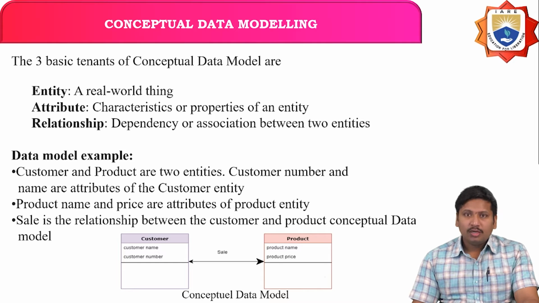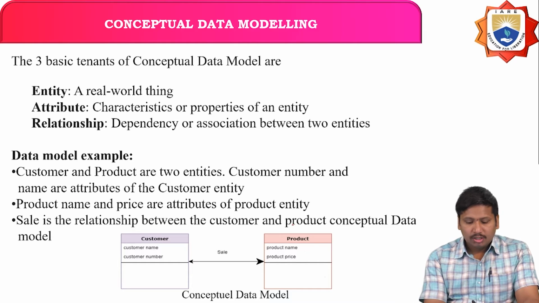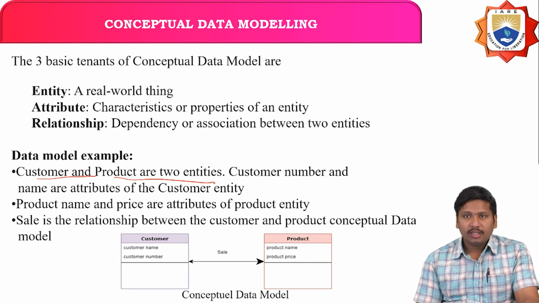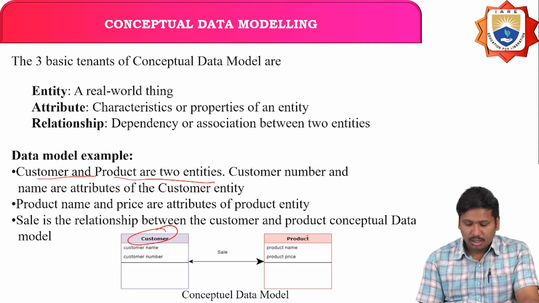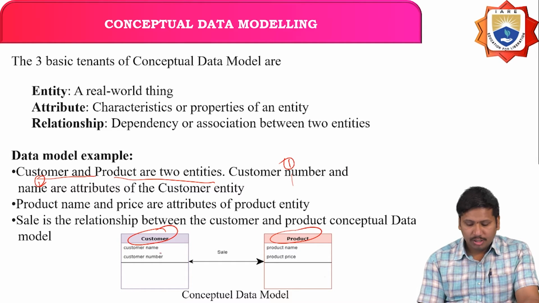So suppose I'm going to consider one application with a customer and a product. How are we going to represent this through a conceptual data model? The customer and product are the two entities I'm taking. The customer number and customer name are the attributes of the customer entity.